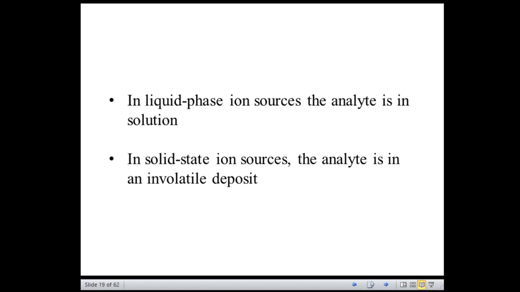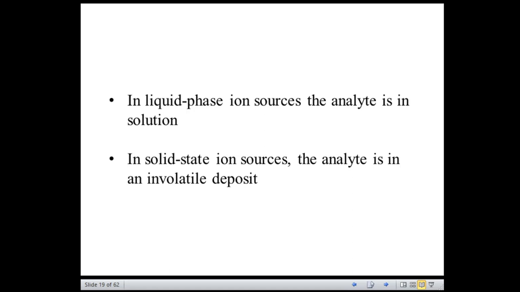These radiations cannot pass deep into the matrix. Only the ions near the surface are extracted by an appropriate electric field, and then we focus them towards the mass analyzer.